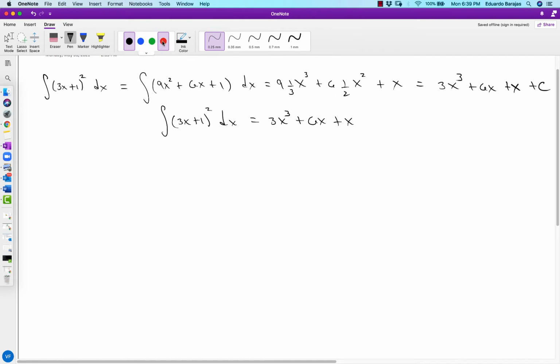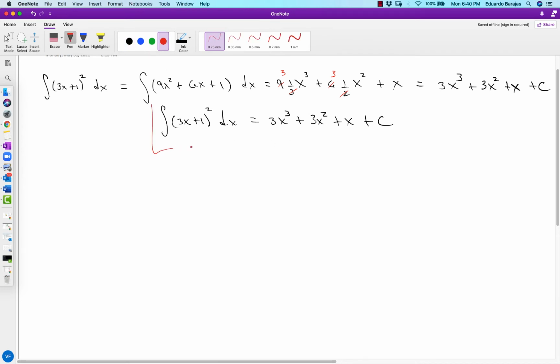Wait, no, this is wrong. 3 goes into 9 3 times, 2 goes into 6 3 times, and we have an x squared. So this should be, I copied this wrong, this should be 3x squared plus x. Good. So let me erase this over here as well. It should be 3x squared plus x plus c.